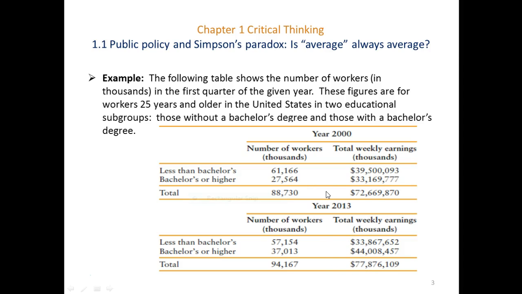To tell whether the figures have actually increased for the workers, we have to compute total weekly earnings per worker in each category, right? So we'll take a category here, earnings by people with less than a bachelor's degree divided by the number of people with less than bachelor's degrees. We'll do that for all the categories.